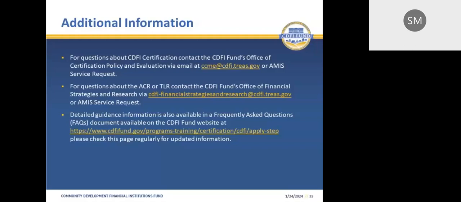It's similar to what you experience now when you start the TLR first and then go in to do the certification application. You will see your target market percentages transferred over from the target market calculator and populated in the certification application. A similar process will happen between the ACR and the TLR, but currently there is no connection between them.